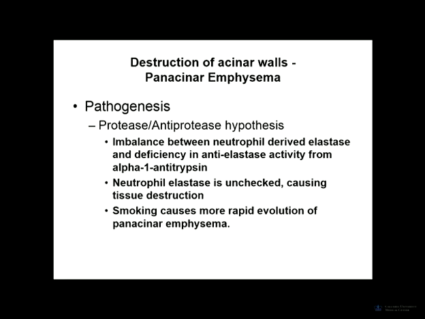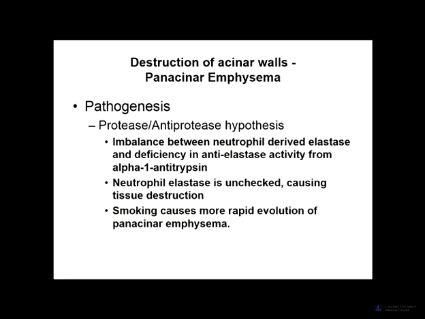And so the understanding of emphysema is really focused on the next 2 slides. In pan-acinar emphysema, the belief is that there's a balance that normally occurs between injuries that happen in the lung, which cause the secretion of elastases, and that these elastases are controlled by an anti-elastase activity from alpha-1 antitrypsin, and that every day we have injuries to our lung.